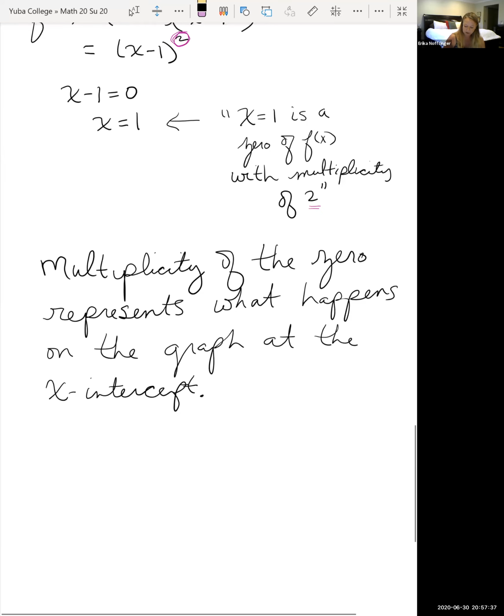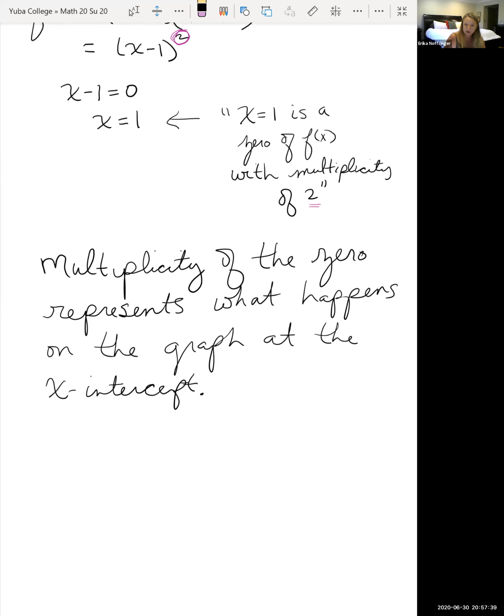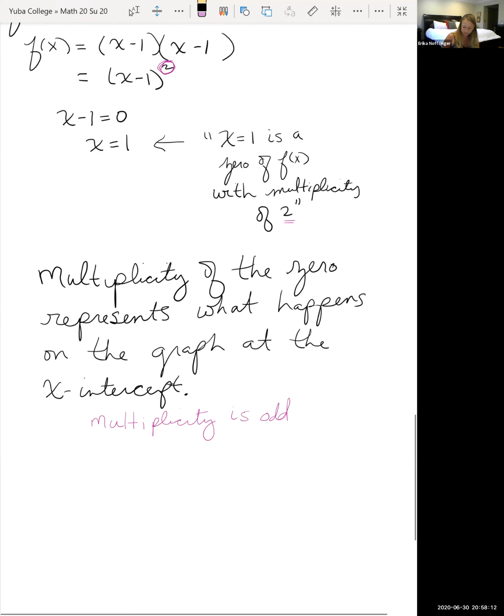Okay. If the multiplicity is even, so basically we're only worried if the multiplicity is even or odd. Does that factor occur an even number of times, or does that factor occur an odd number of times? And so depending on if the multiplicity is even or odd depends on what happens at that graph. So if the multiplicity is odd, the graph crosses the x-axis at the 0.